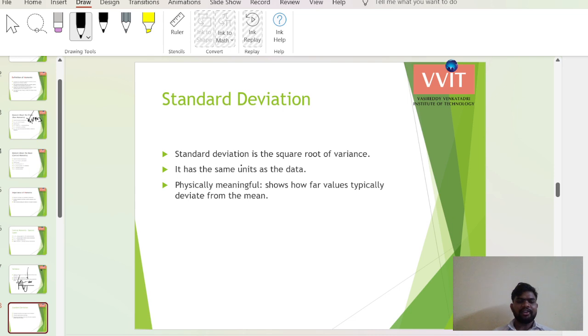This is the standard deviation. Standard deviation is the square root of the variance. It has the same unit as the data. It is physically meaningful, as it shows how far values typically deviate from the mean. This is the signal.